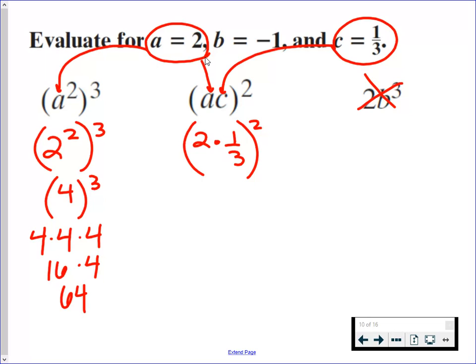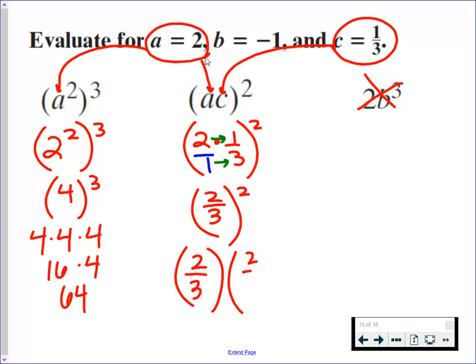What's first, parentheses or exponents? Parentheses, you say? 2 thirds to the second power, stretch it out. Multiply straight across.